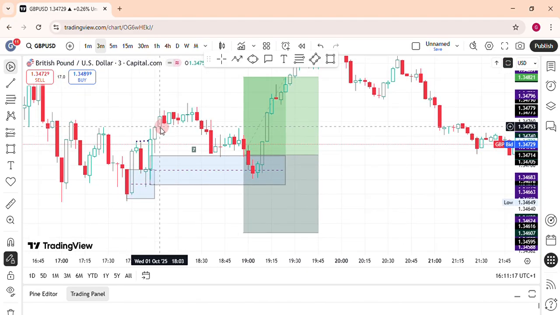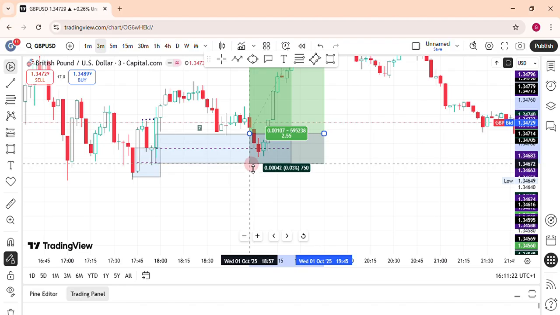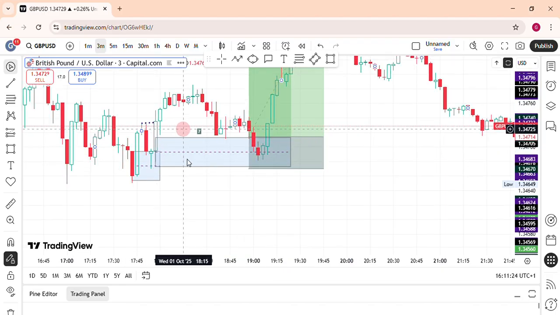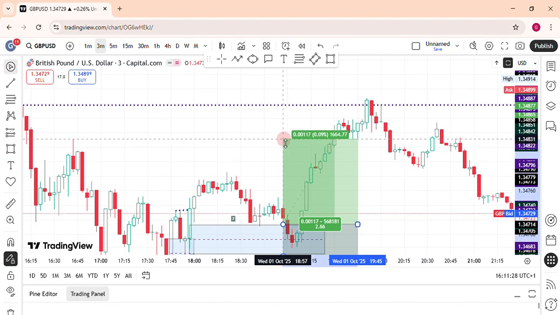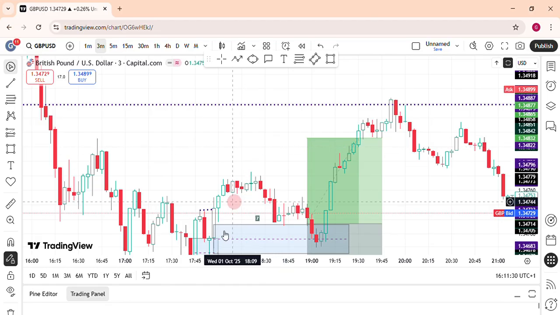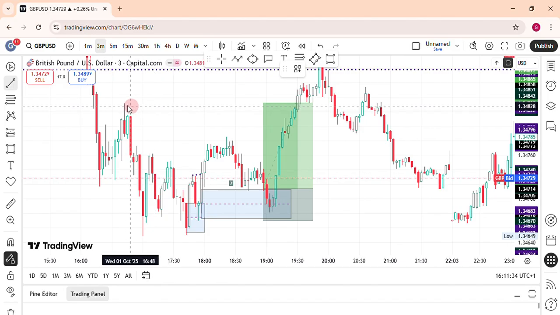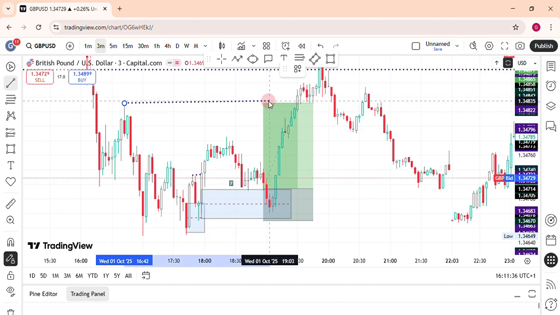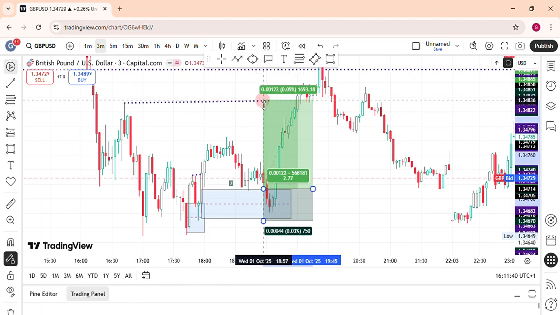And we have a stop loss right below this low here, and our take profit at the previous high. You can see our take profit here, giving us a 2.75 risk to reward ratio.